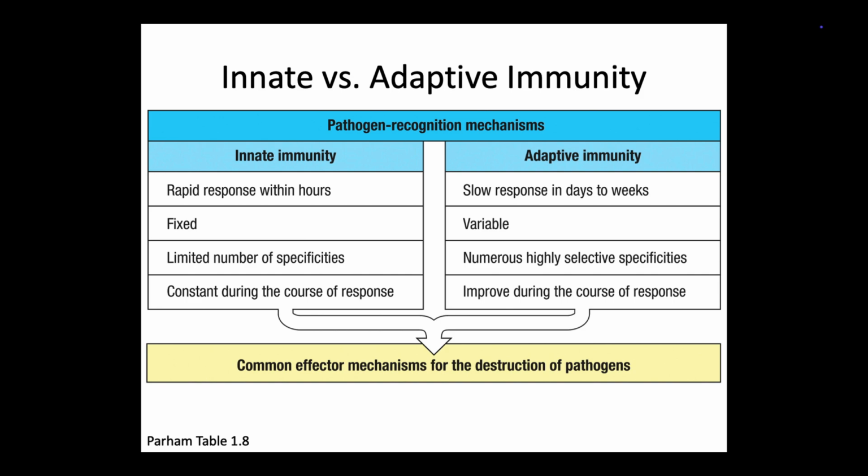So there are sort of two other ways that I think about big differences between the innate and adaptive immune system. One of them has to do with how broad or general the recognition is. That gets into this thing that says limited number of specificities or numerous highly selective specificities.